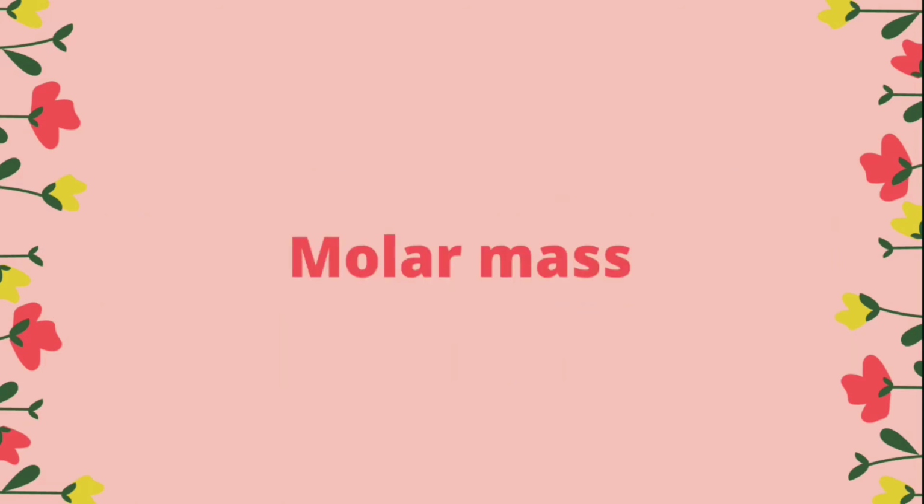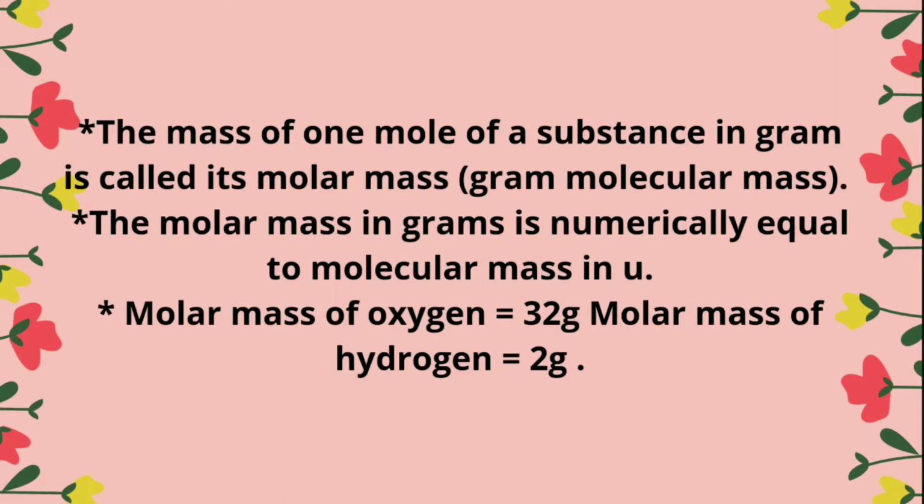Molar mass. The mass of 1 mole of a substance in gram is called its molar mass. Gram molecular mass. The molar mass in grams is numerically equal to molecular mass in unified mass. Molar mass of oxygen is equal to 32 gram. Molar mass of hydrogen is equal to 2 gram.